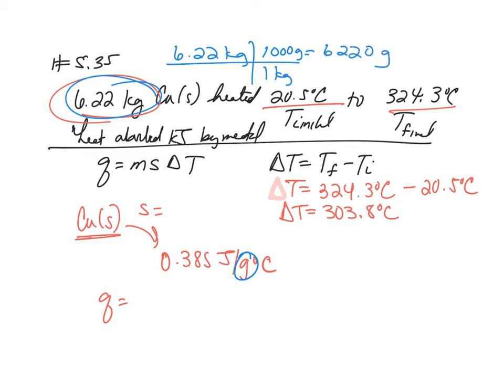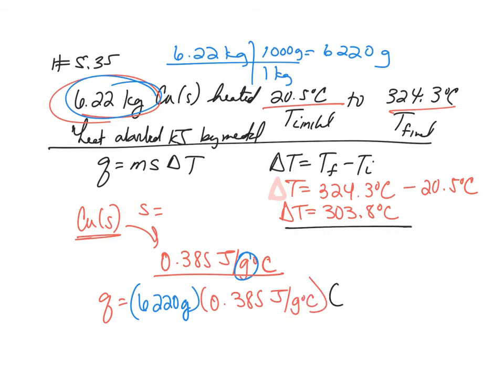So now I can put that in for mass. 6,220 grams times specific heat 0.385. I expect you to use your units. And then delta T is 303.8 degrees Celsius. And so you can multiply 6,220 times 0.385 times 303.8.